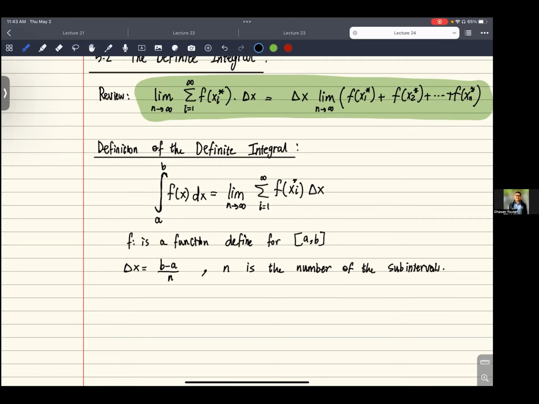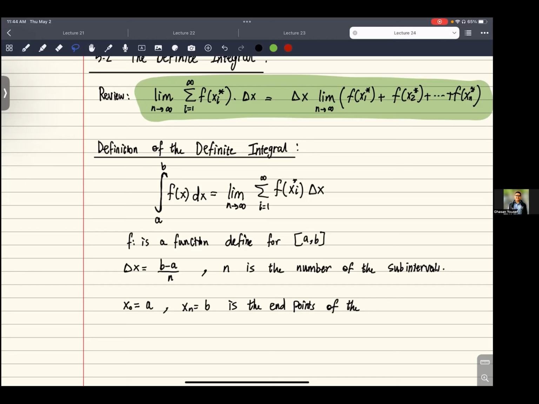Okay, what else? You should know x0 is the same as a, and xn is the same as b. These are the endpoints of the interval.